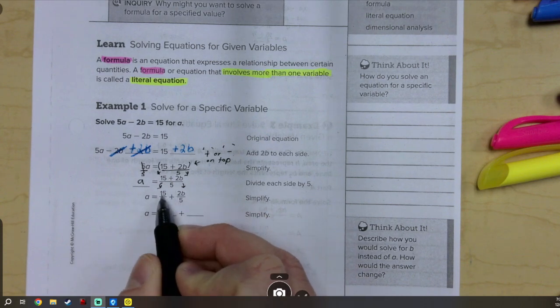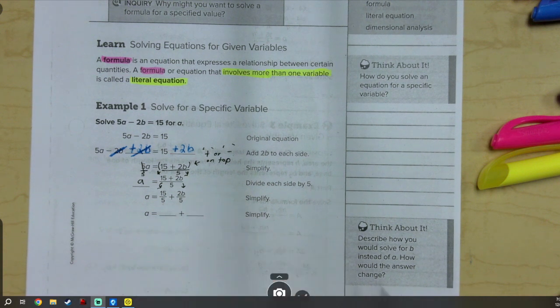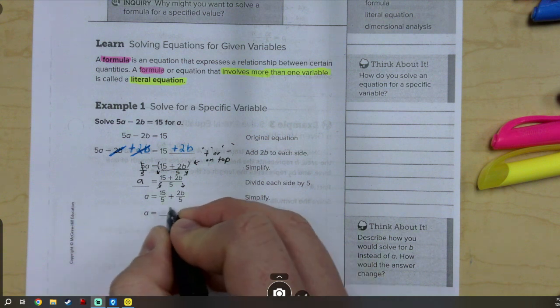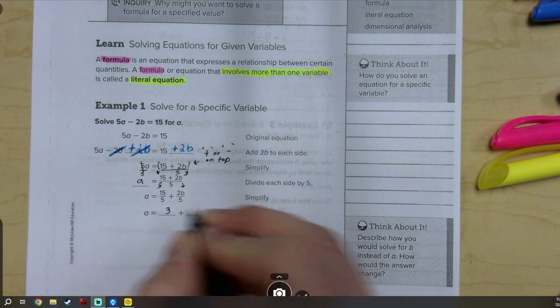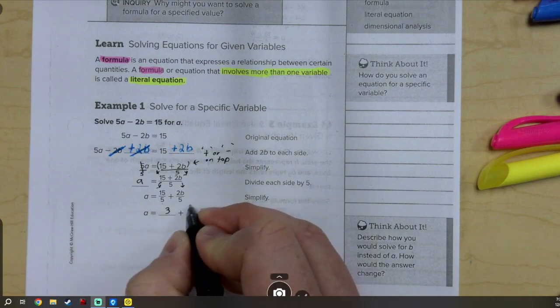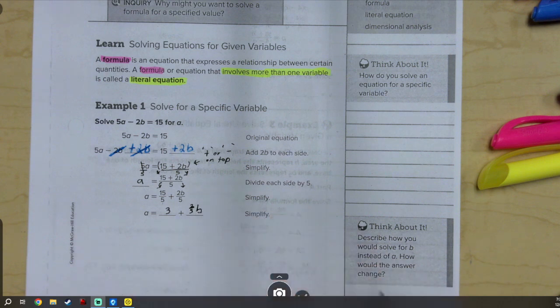So we have 15 over 5 plus 2b over 5. From here we can simplify. 15 divided by 5 gives us 3. And 2b divided by 5, we can write this as 2/5 b.